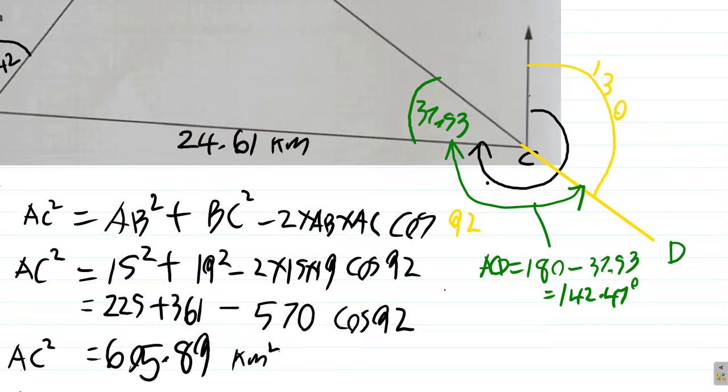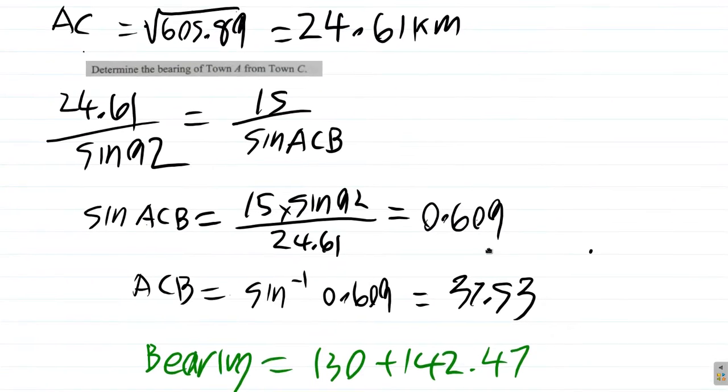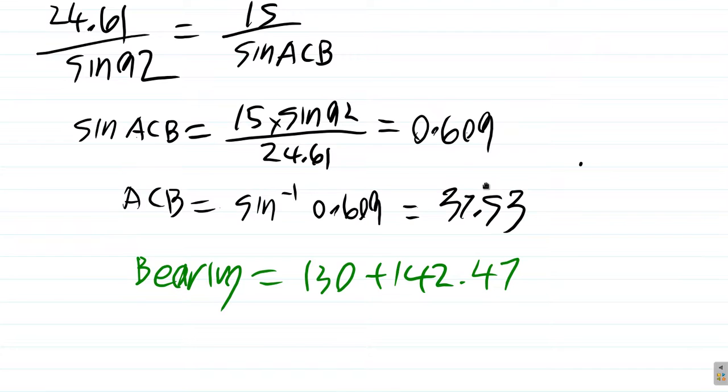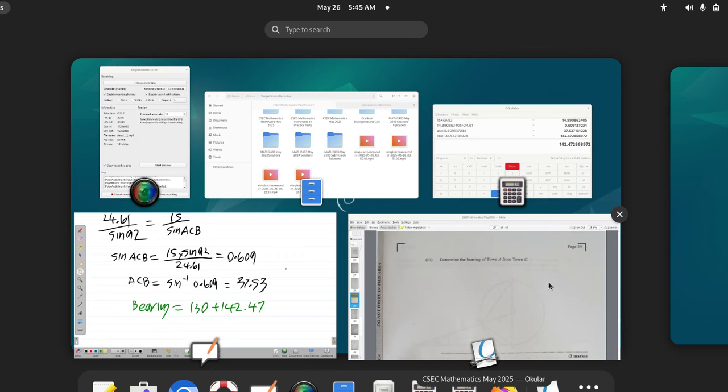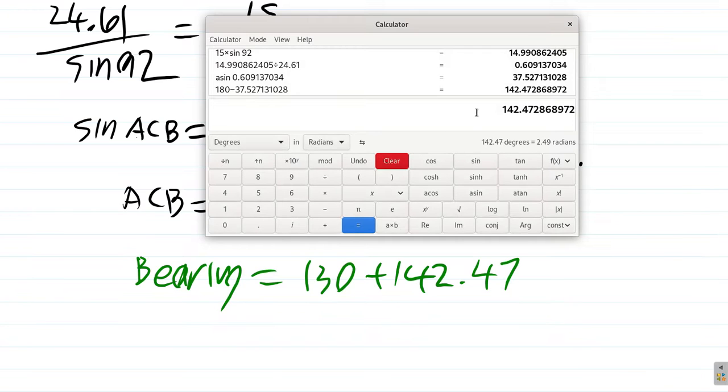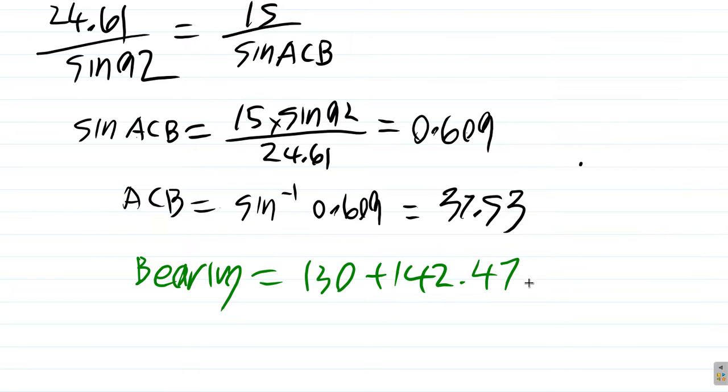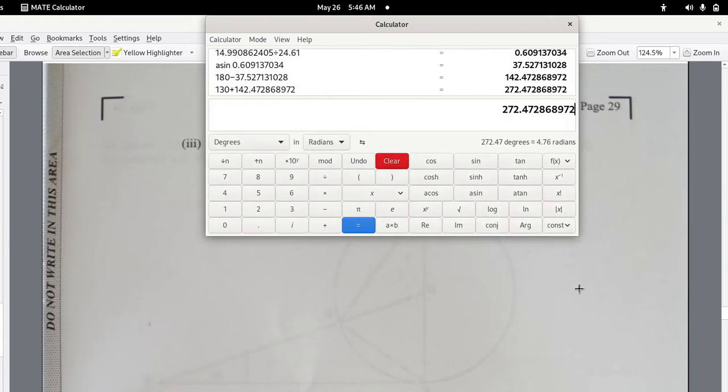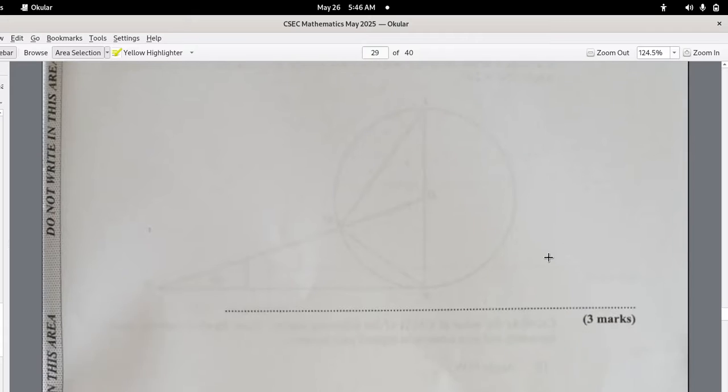Now, when you add these, what do you get? You have 130 plus 142.47 equals 272.47 degrees. That's the bearing, right? That's 3 marks.